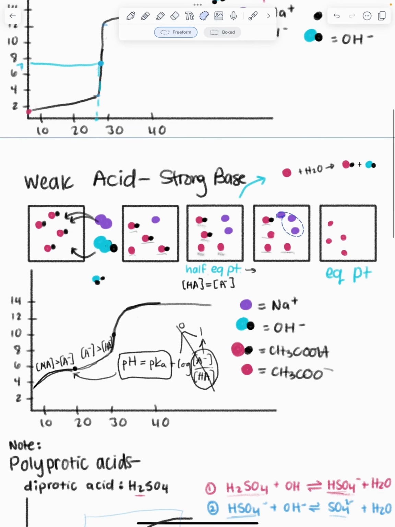Okay, so if you notice on the graph, you'll see that the pH at this point is a little bit greater than 7. Okay, so at the equivalence point for a weak acid strong base titration, the pH is greater than 7. Okay, that's interesting. That's not because we're titrating with a strong base and the strong base is really strong, so it's going to be greater than 7.